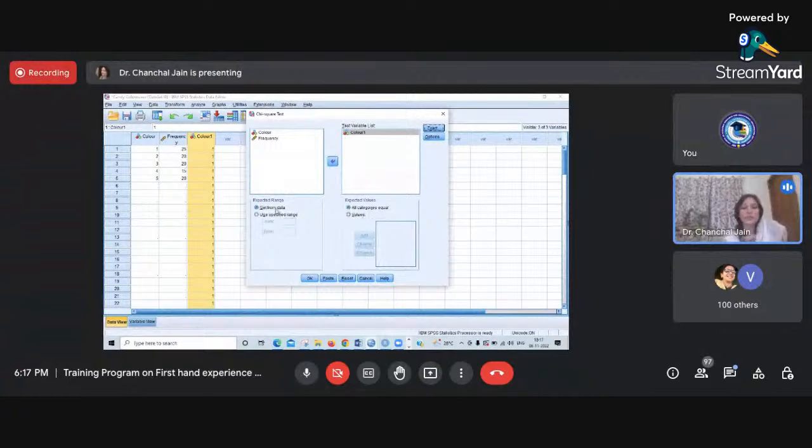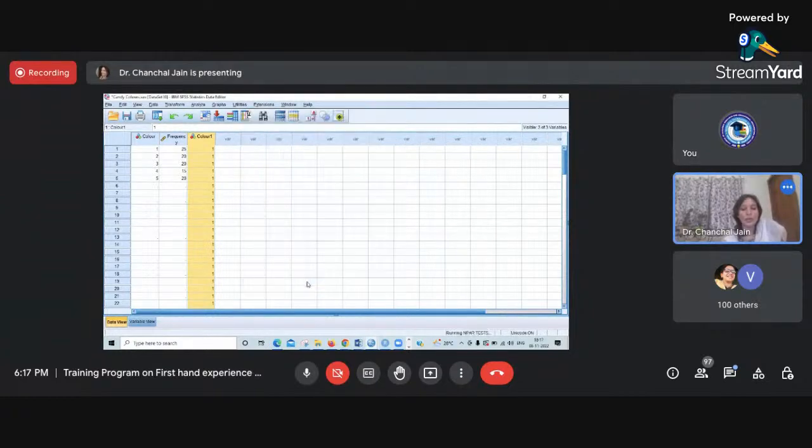So for all categories we can keep them equal, or if we want to specify a particular value, we can do that here. We will go with the default option, whether it is expected range or expected value. For both, we are going with the SPSS default, and then you only need to click OK to generate the output.